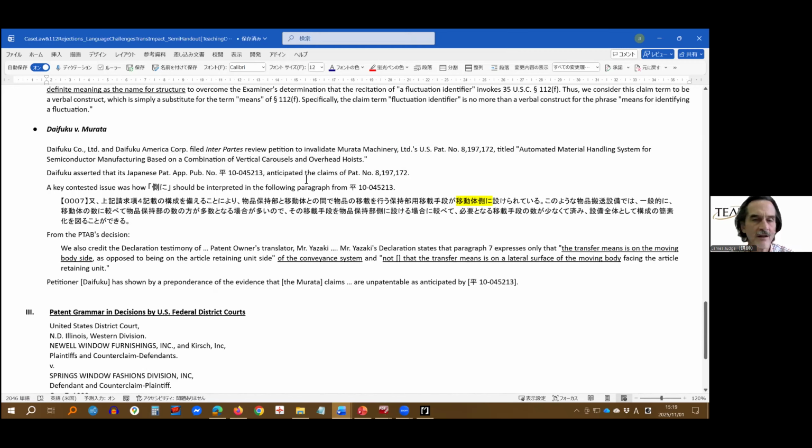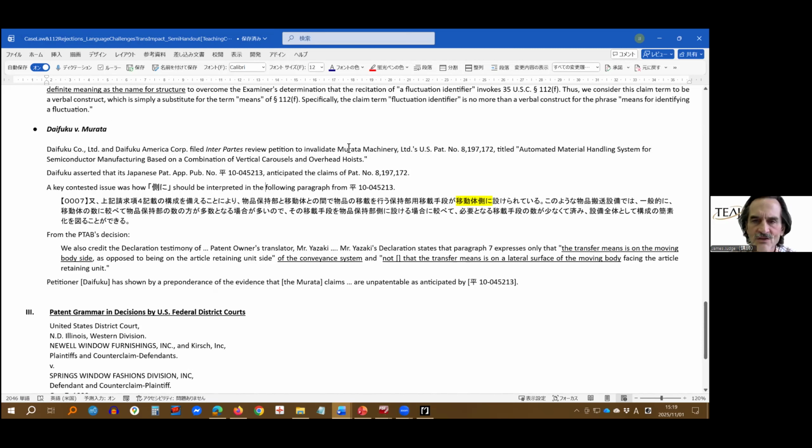Very long title. And this competitor company, Daifuku Company Limited, wanted to invalidate Murata's patent. So it's interesting. You have two competing Japanese companies competing over an issued US patent.